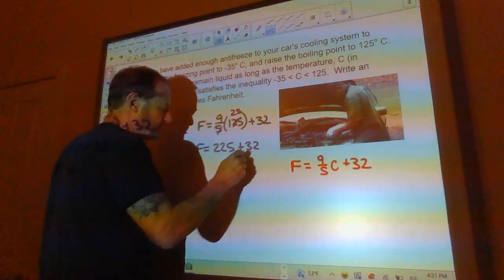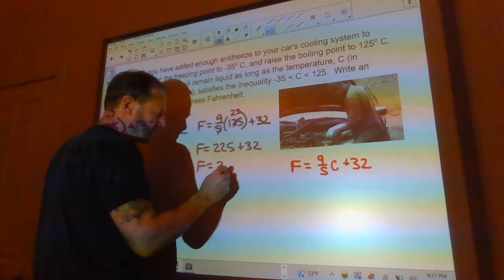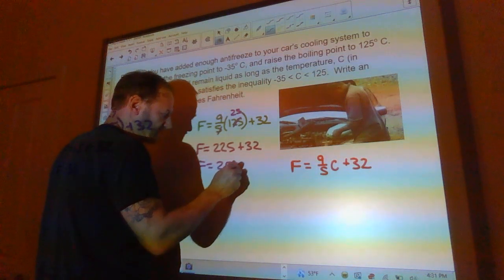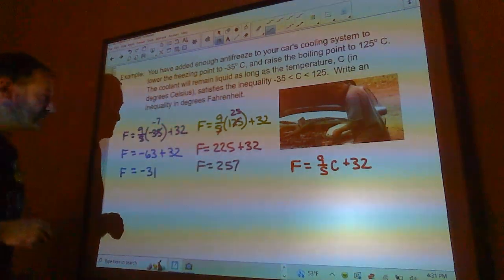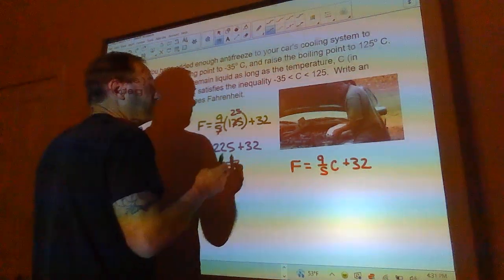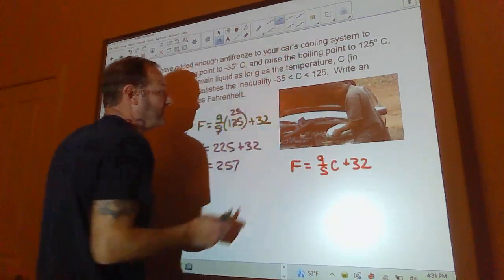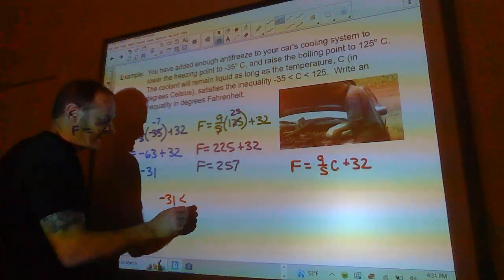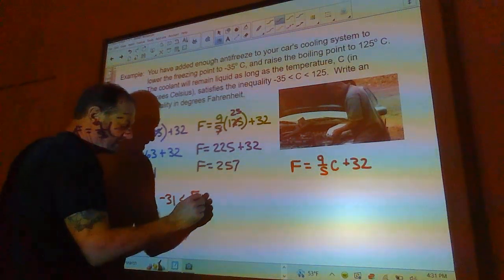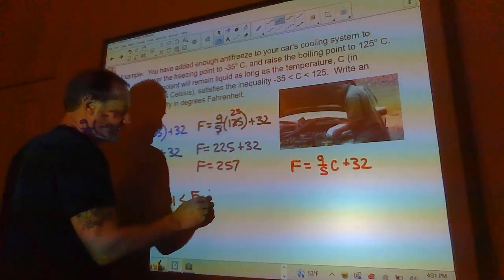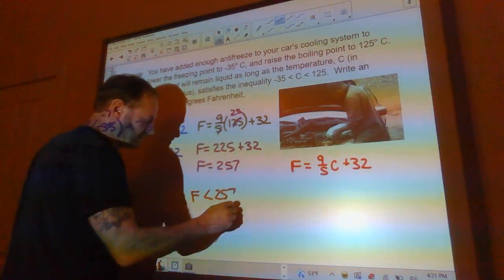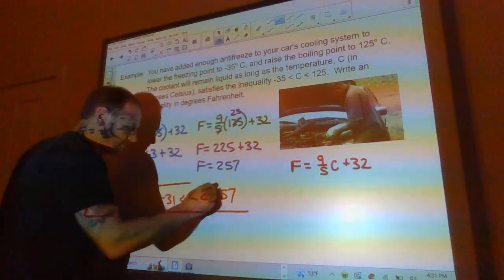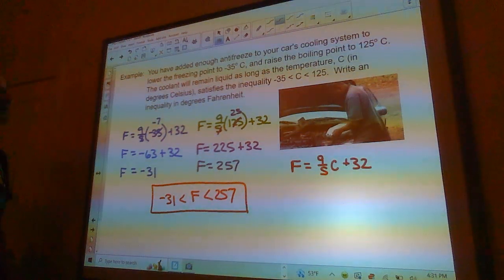Plus 32. So that's going to be 257 degrees. So my new inequality is going to be negative 31 is less than F is less than 257. So there's my new inequality in degrees Fahrenheit.